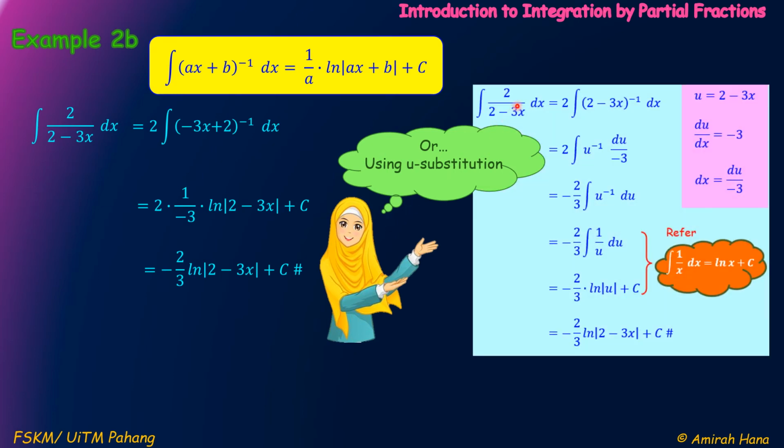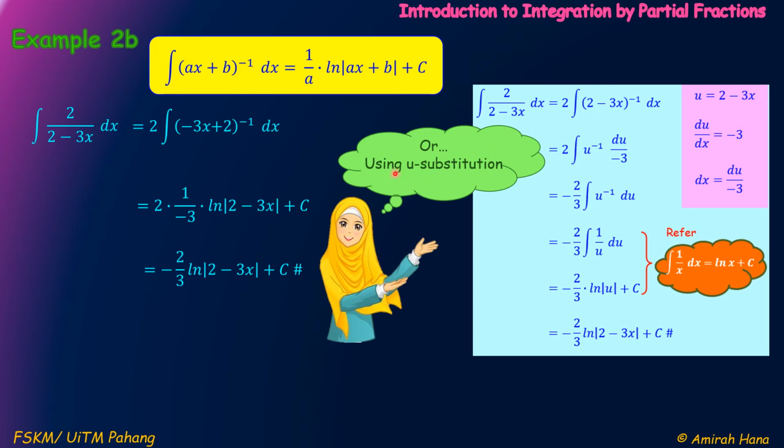To integrate 2 over 2 minus 3x dx, first we move out the constant 2, and then integrate 2 minus 3x to the power of -1 dx. Since we cannot expand a bracket to the power of -1, we can integrate using u substitution. Our u equals 2 minus 3x.